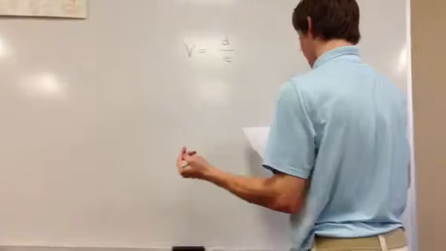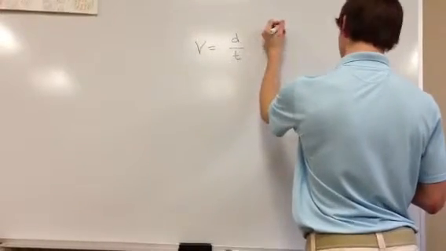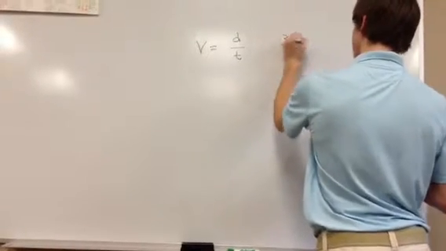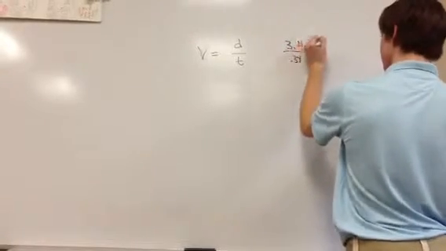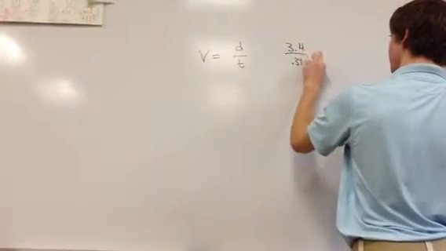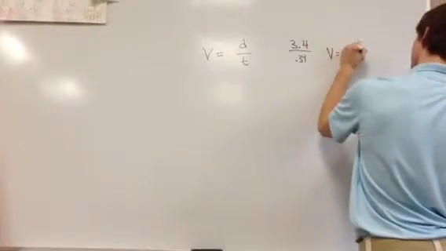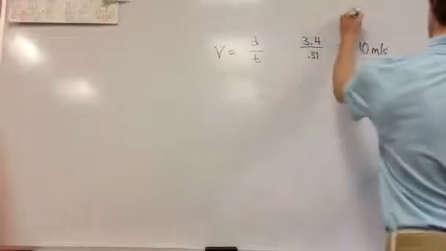For the first line, we plugged in 3.4 meters over 0.34 seconds, and we figured out that velocity equaled about 10 meters a second, and that would be our first line.